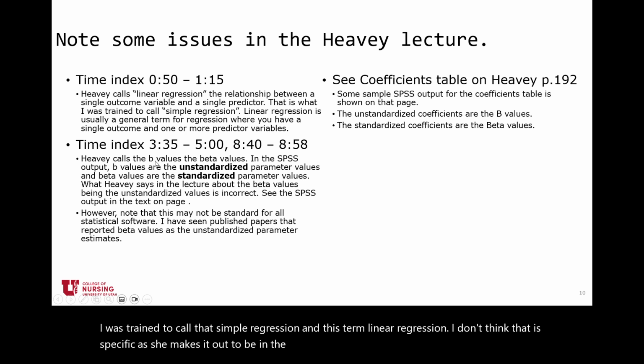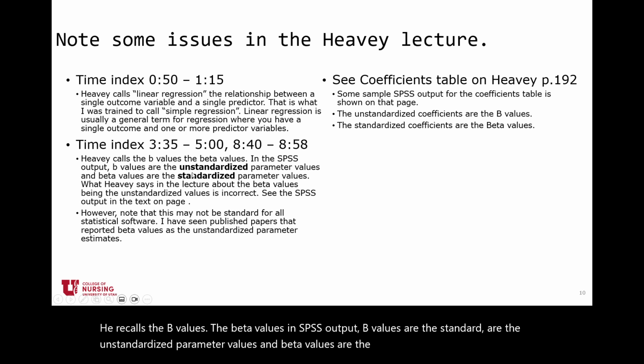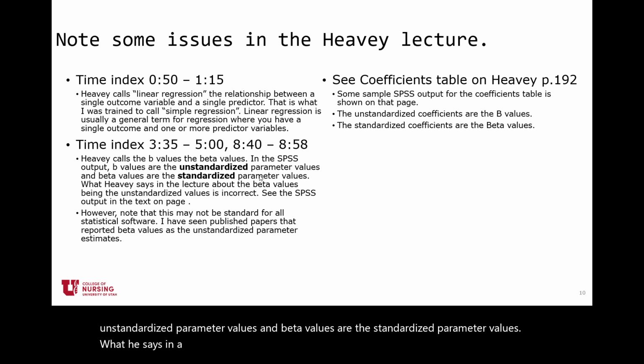And then in time index 335 to 5 minutes, Hevy calls the B values the beta values. In SPSS output, B values are the unstandardized parameter values, and beta values are the standardized parameter values. What Hevy says in the lecture about the beta values being the unstandardized values is incorrect.